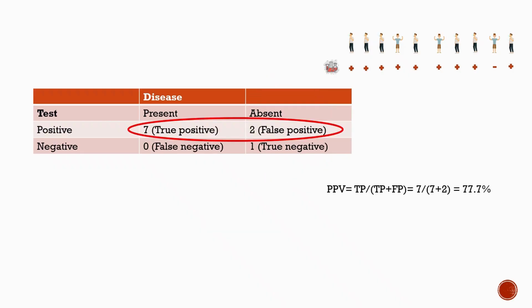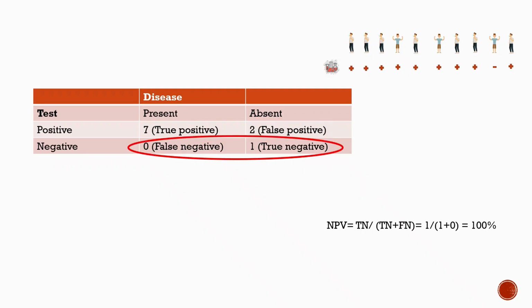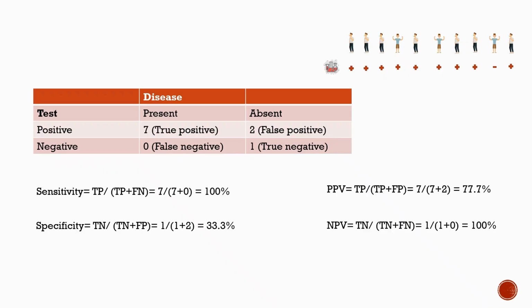Next is positive predictive value, that is true positive divided by true positive plus false positive. 7 divided by 7 plus 2, that is equal to 77.7%. Next is negative predictive value, that is true negative divided by true negative plus false negative, that is equal to 100%.